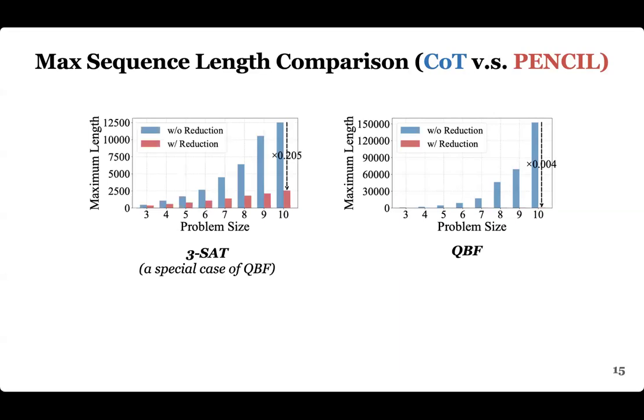And then in another example, which is an easier problem, an NP-complete problem, the difference is also dramatic: the context length for chain of thought grows exponentially, while the context length for Pencil just grows linearly with respect to the size of the problem.